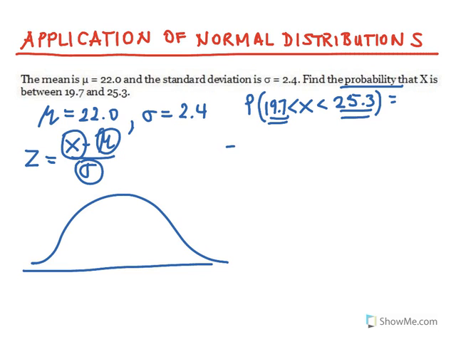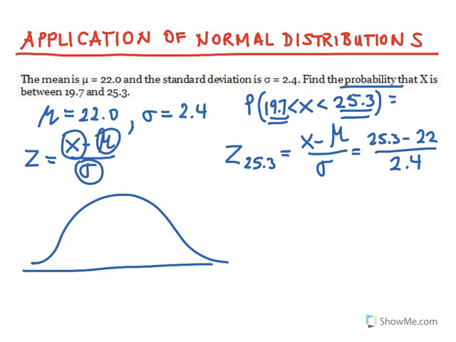So let's find the z of 25.3 first. The z of 25.3 will be x minus mu over standard deviation, which is 25.3 minus 22 over 2.4, and that will give us a z of 1.38. So z equals 1.38 will be somewhere over here.